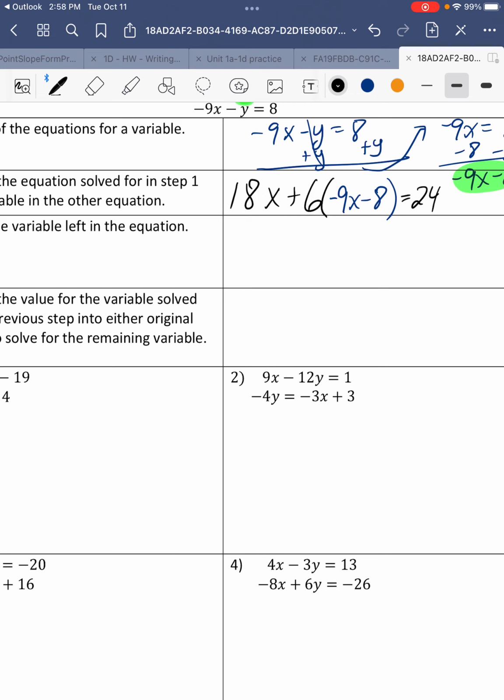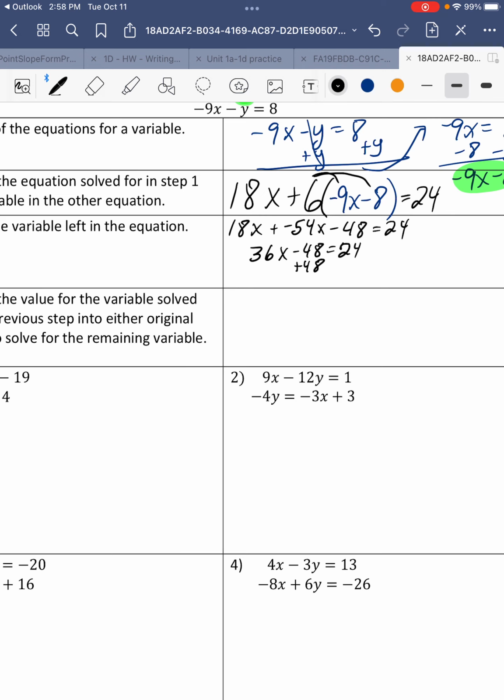I need to distribute. So I have 18x plus 6 times negative 9, which is negative 54x. That could be just a subtraction. 6 times negative 8 is negative 48. Now I've got to gather my like terms. 18x minus 54x is negative 36x, minus 48 equals 24.